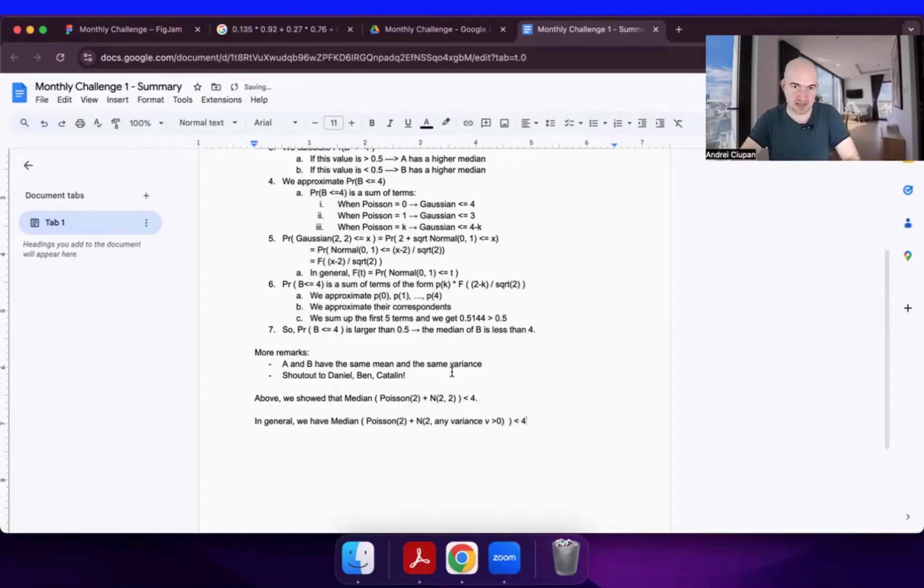So basically, here we proved that if my Gaussian has this particular form, with the variance of 2, then the median is less than 4. In general, if this one is a Gaussian with mean 2 and any variance, then this result also holds. So basically, we have a more general result here.